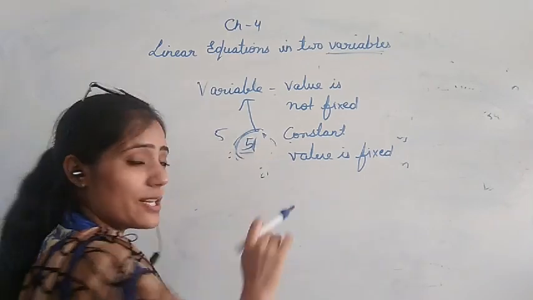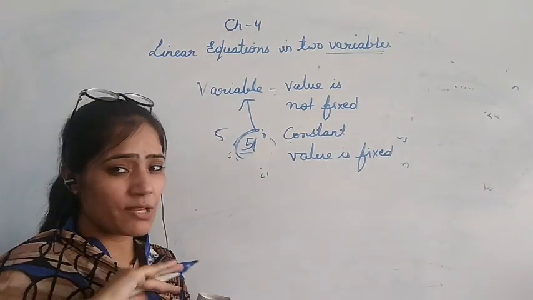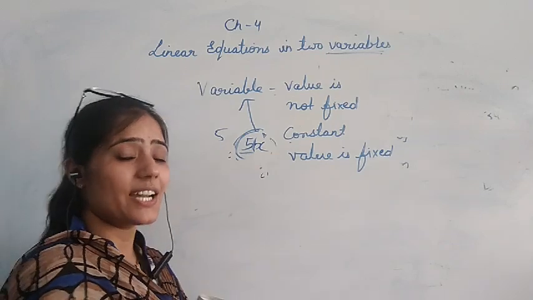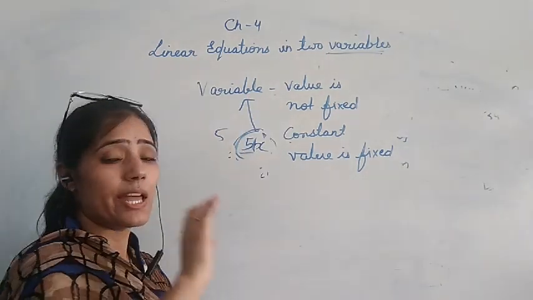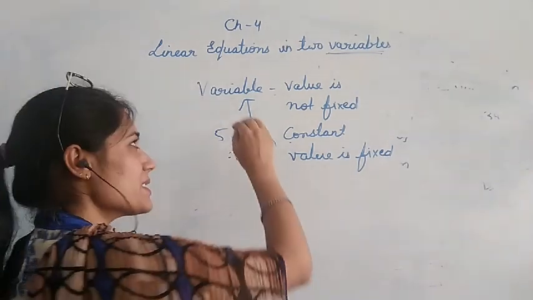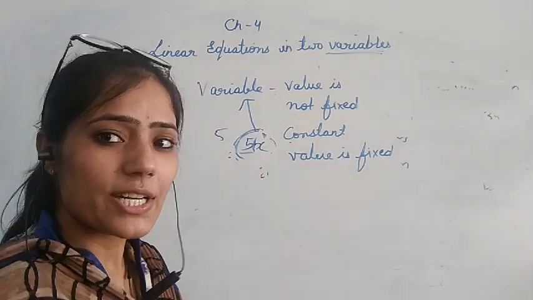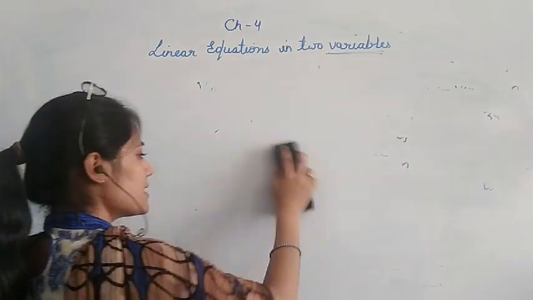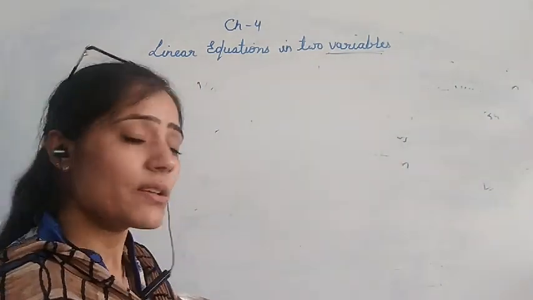So variable is whose value is not fixed, and constant is whose value is fixed.